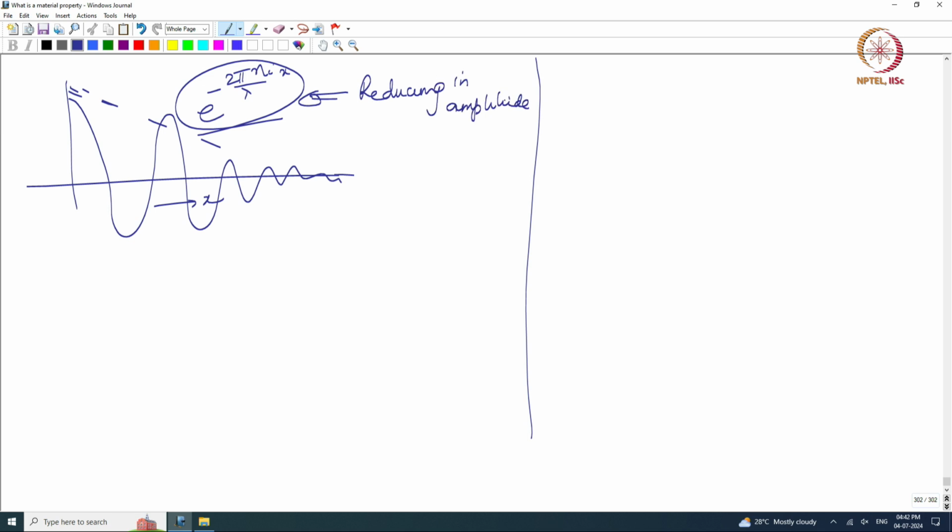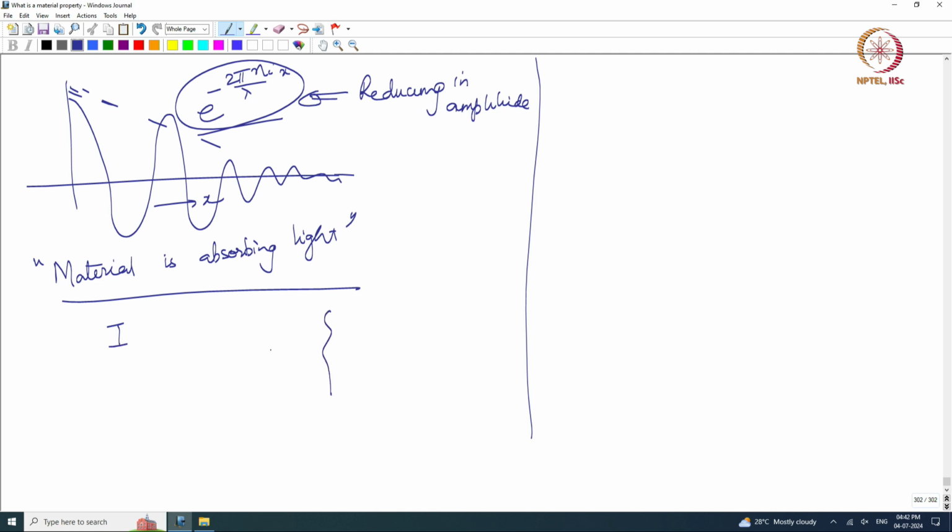If it is reducing in amplitude, it means that the material is absorbing light. It is absorbing light and doing something else that we will worry about later, but it is absorbing energy from light, right. So if I shine light at an intensity I naught on my material, and the material has an absorption alpha, the material is going to attenuate the light.